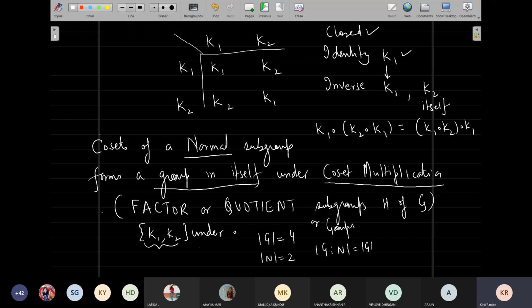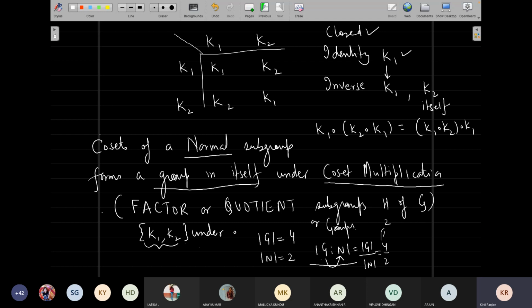This is nothing but order of G divided by order of N, which means 4 divided by 2, and this will be 2. So the order of the factor or quotient group of G with respect to normal subgroup N is nothing but mod G over mod N. It is written like this to say that it is the group G with respect to subgroup N. Cosets are always made once the subgroup is identified.